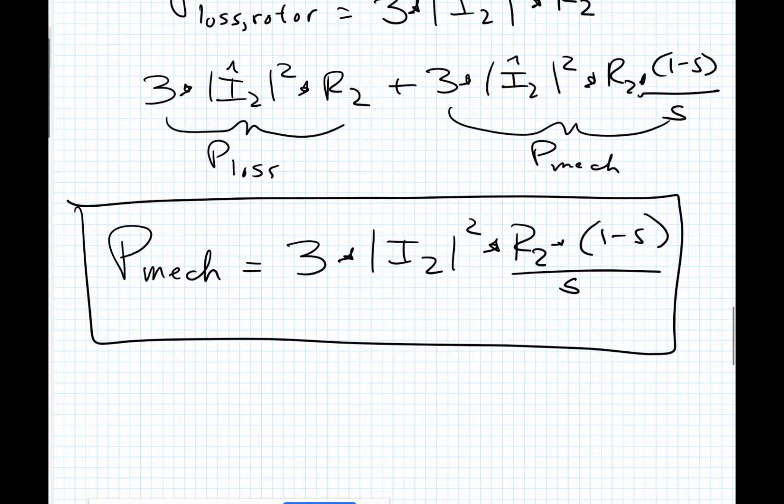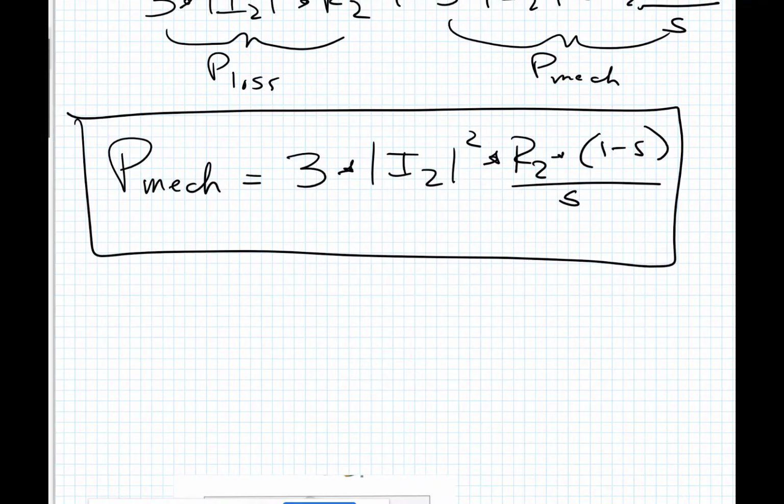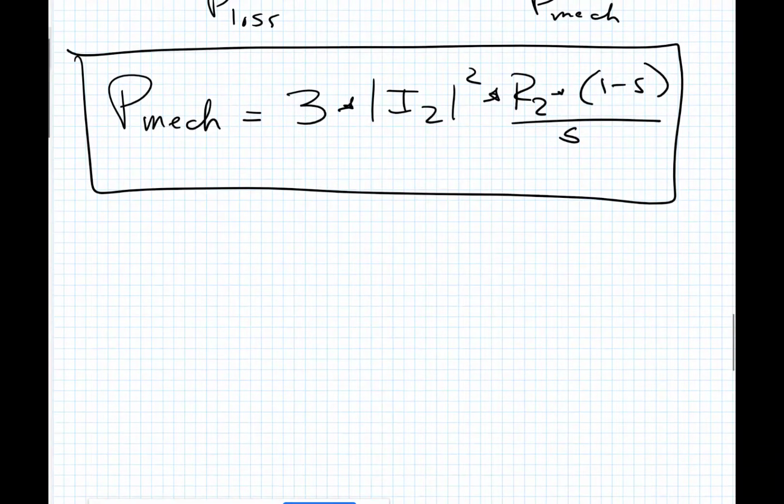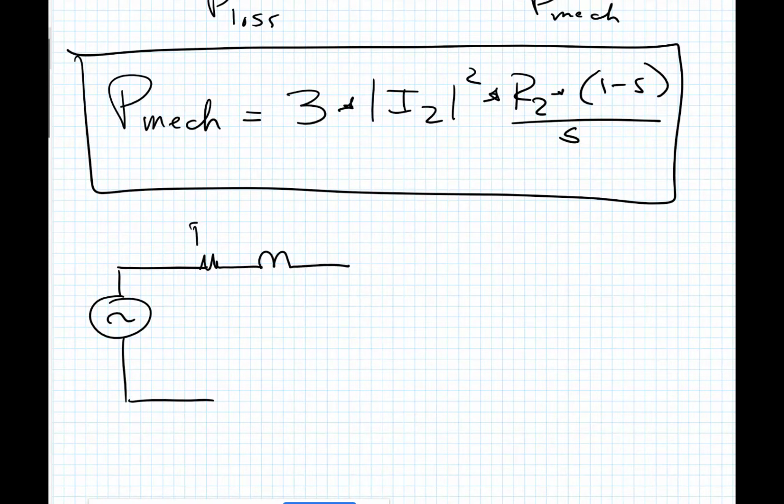We can also revise our equivalent circuit to show how we're breaking this out. There are actually three possible forms. We may not have time to go into much detail on the third one, but this is the second form of the equivalent circuit.